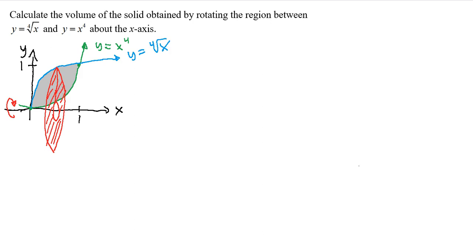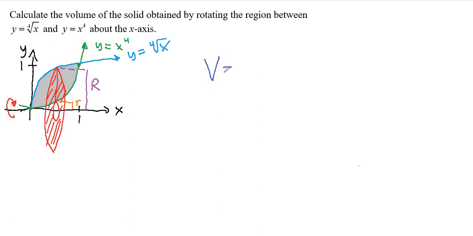It will also help us to indicate where our radii are for the large disk and the small disk. So right here, all the way down to here, is our large radius, and right here, down to the x-axis, is our small radius.